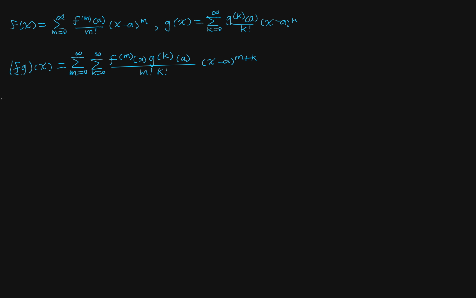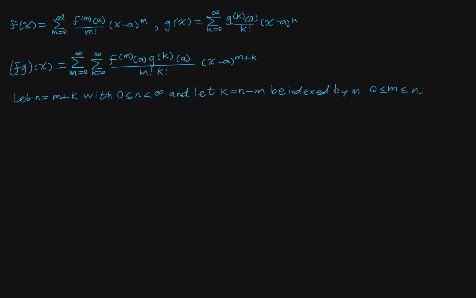Okay, now we're going to do a change of variables here. We're going to let n be equal to m plus k, and we're going to have the new outer bounds of n from 0 to infinity, and we're going to let k, which is equal to n minus m, be indexed by m. And now for m, we can rewrite the bounds from 0 all the way up to n.